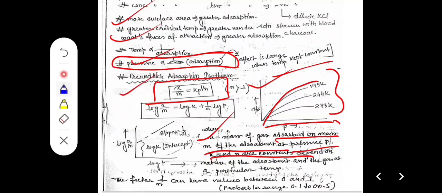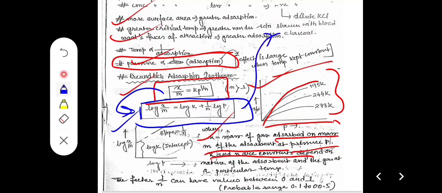Now we consider another slope. If we write it as an equation, we get log of x by m equal to log k plus 1 by n log p. We can compare this with y equals mx plus c, where m is the slope and c is the intercept.